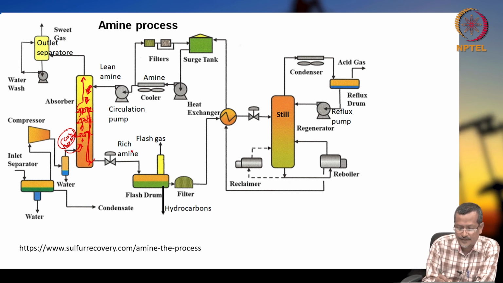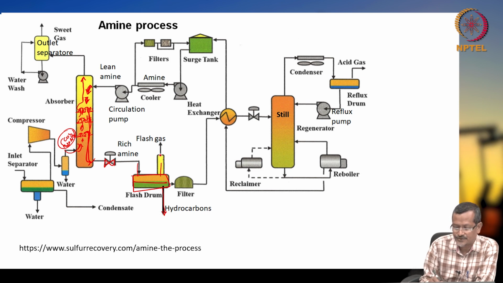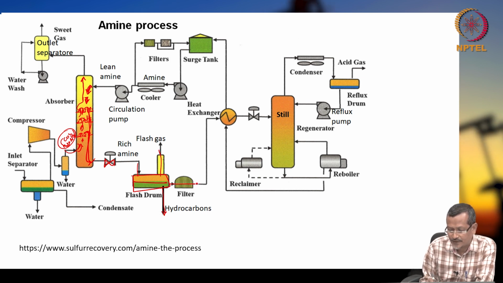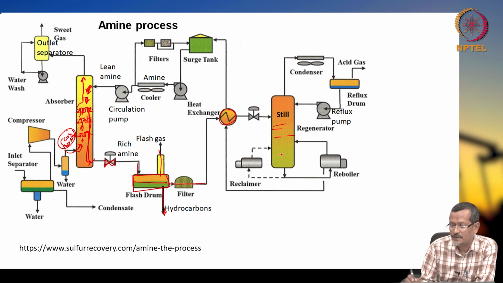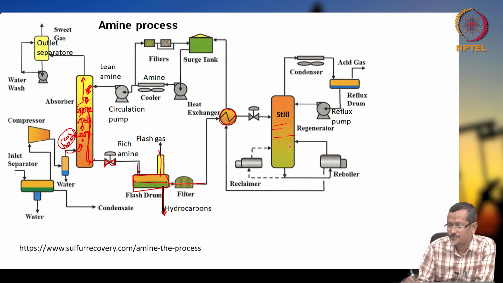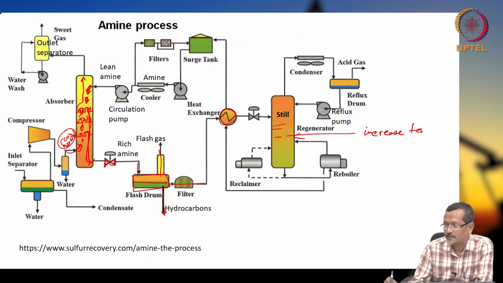So, this is amine, then it will be going through rich amine channel to flash drum. Hydrocarbon you separate, flash gas you separate, and rich amine you move with filter, heat exchanger. Then actually this is also one contactor type column, there you increase temperature.